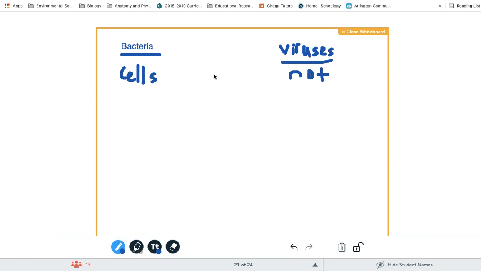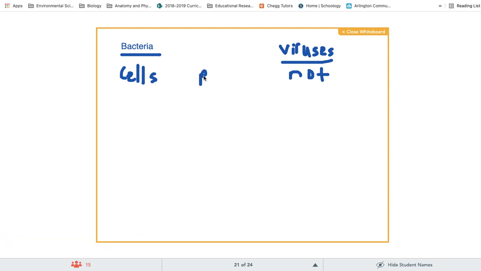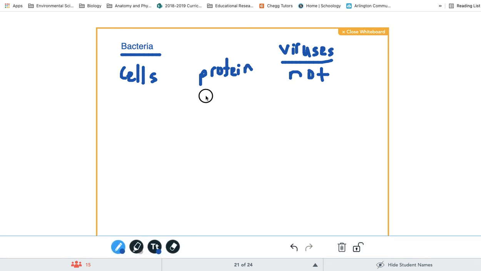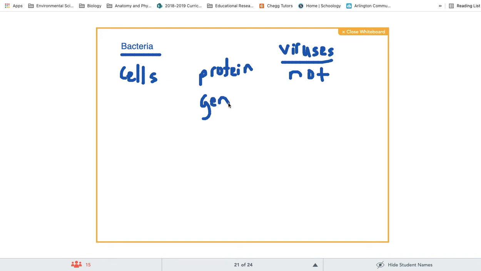Both viruses and bacteria are made of protein. So this is my both. And they also contain genetic material. And this is where it gets a little crazy.